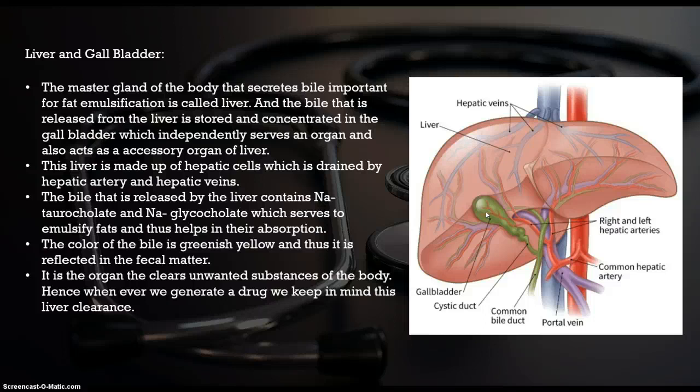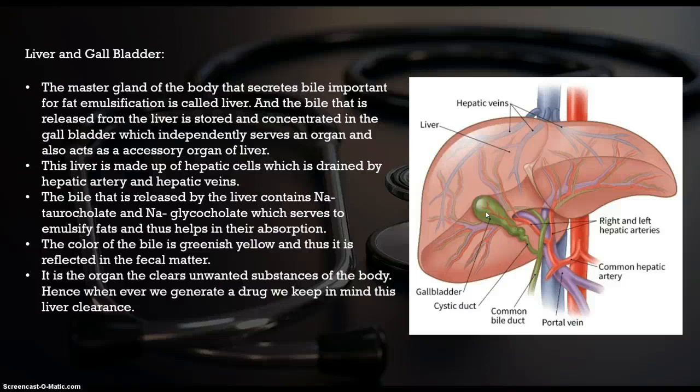If any kind of unwanted toxic substance went inside our body, if any drug went inside our body, all those things are cleared by this liver. And this property of the liver is known as liver clearance. That is why whenever we make any kind of medicines, I guess you have seen tablets, each of those tablets has a name, let us suppose XYZ, and then 500 mg.